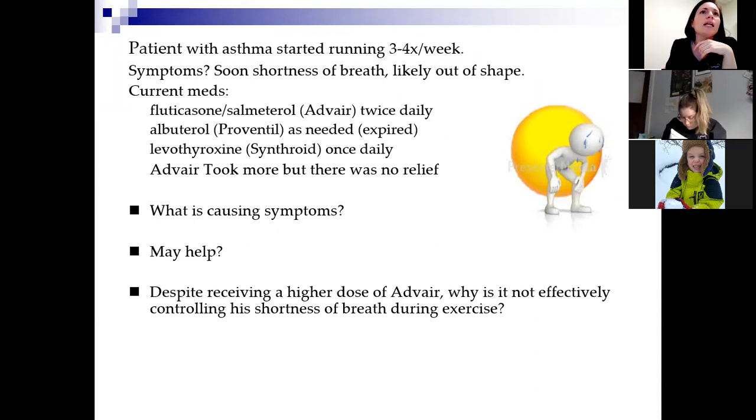Current medication: they take Advair twice daily, and albuterol as needed. So that's their rescue. And then they take Synthroid, they obviously have a thyroid issue. And then they took Advair more, but there was no relief. So they took their Advair more than twice a day. What's causing their symptoms?